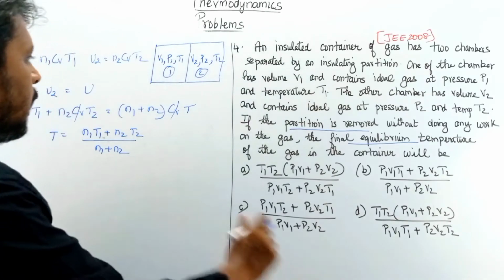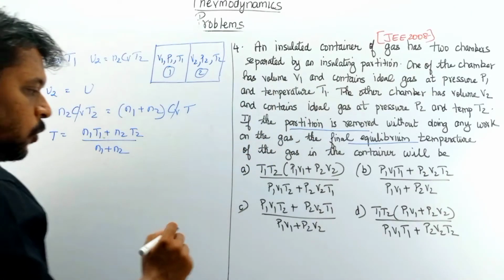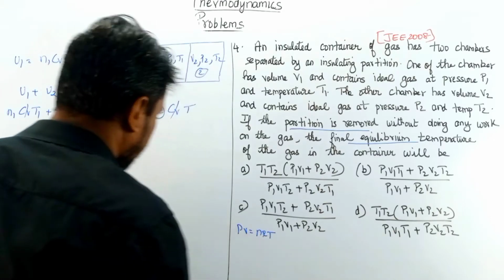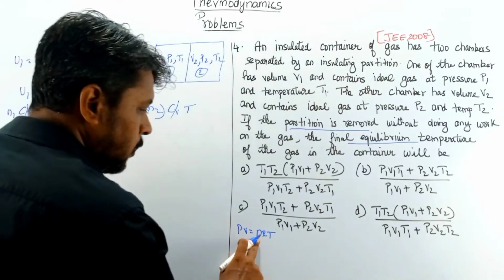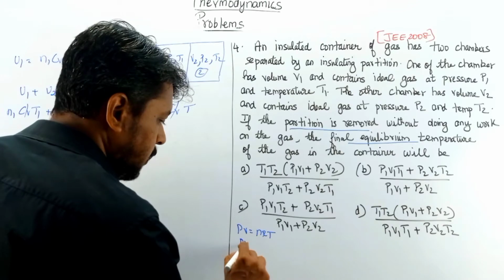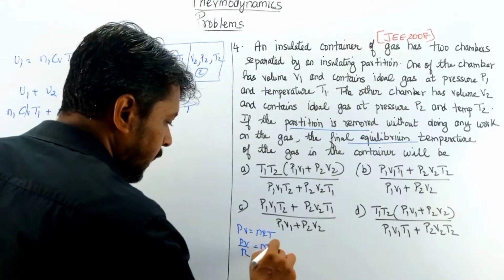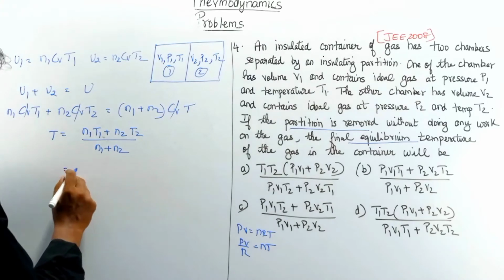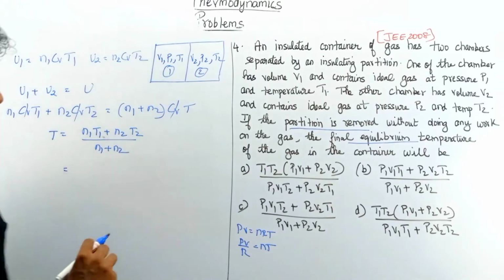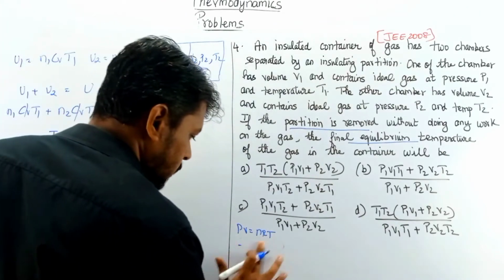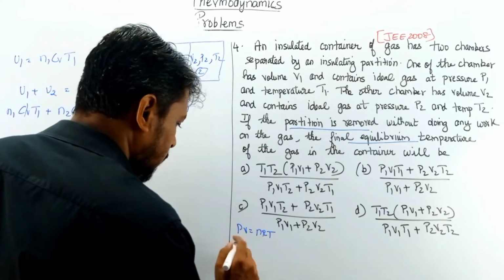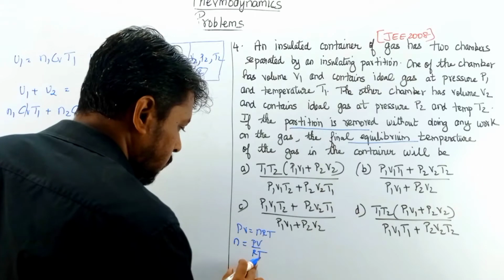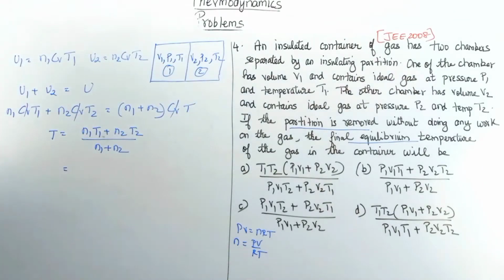Now from the ideal gas equation, you know that PV is equal to nRT. So we can replace nT by PV by R, that is, PV by R is equal to nT. So just use this equation: n is equal to PV by RT. Replace all the n's by PV by RT.